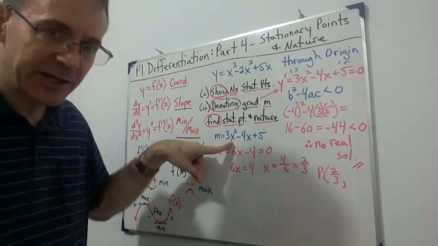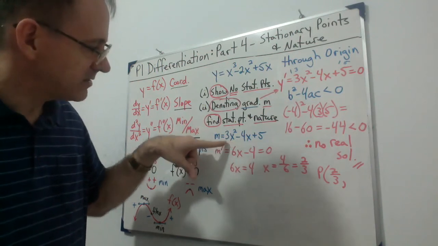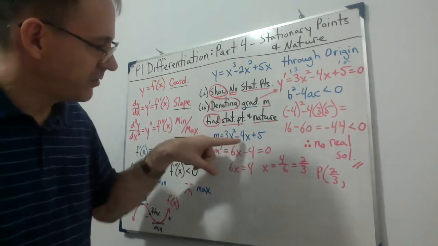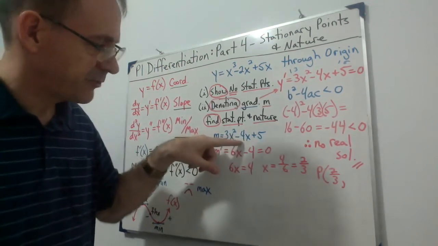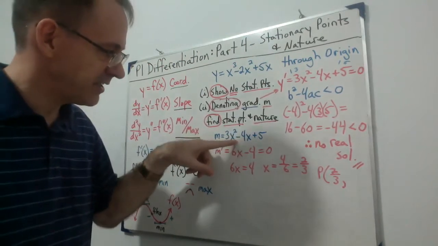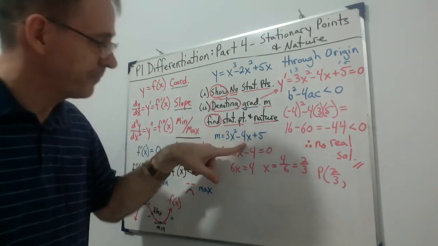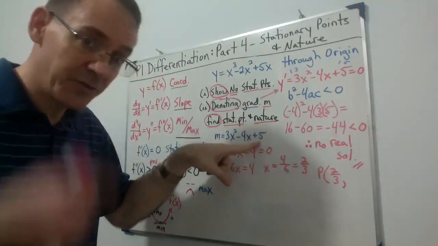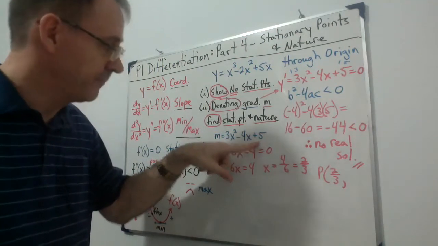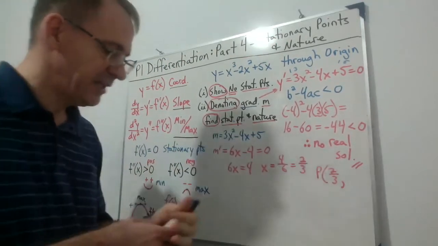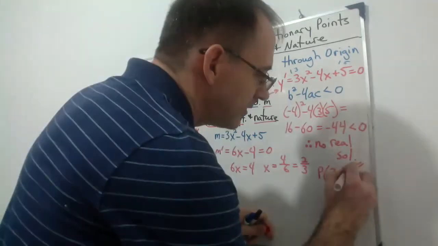You can do it on your calculator. 4/9 times 3 is 4/3. 4/3 minus 2/3 times 4 is 8/3. So 4/3 minus 8/3 is a negative 4/3. And this 5 is a 15/3. 15 divided by 3 is 5. So a negative 4/3 plus 15/3 is 11/3.